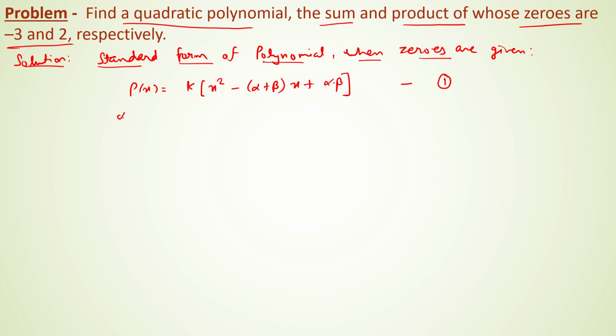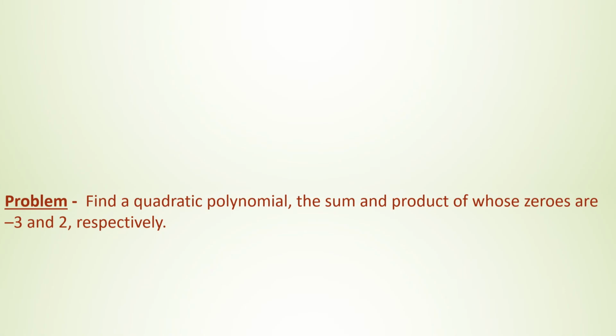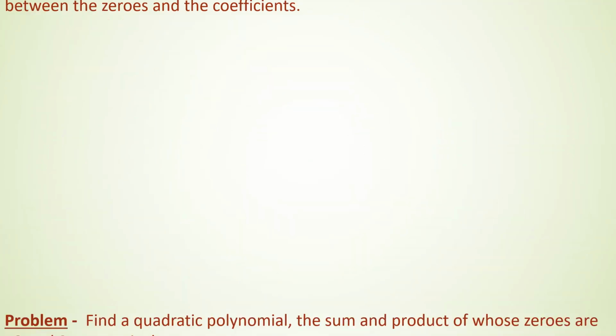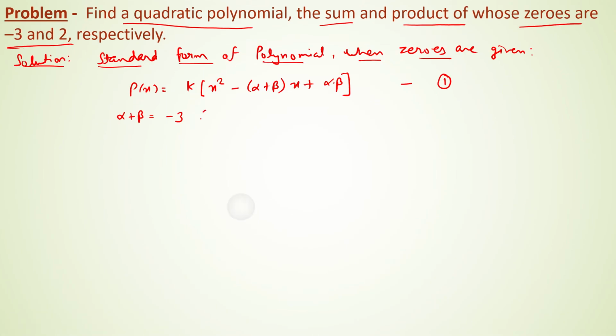So here alpha plus beta equals minus 3, which is the sum of zeros, and alpha into beta is plus 2, which is the product of zeros.